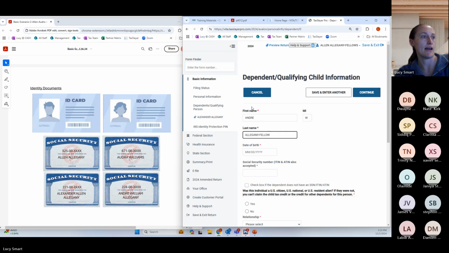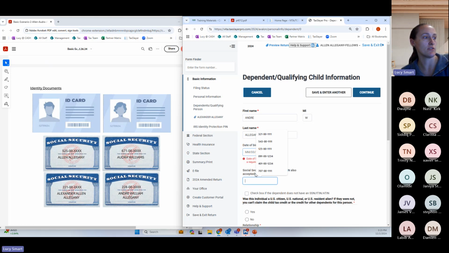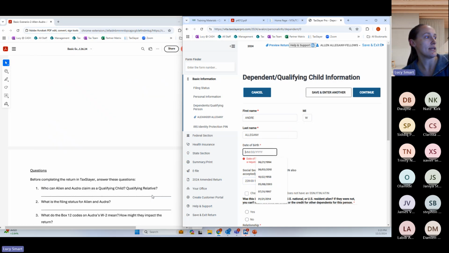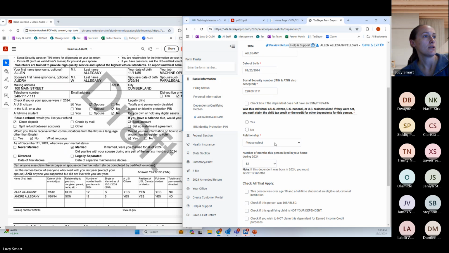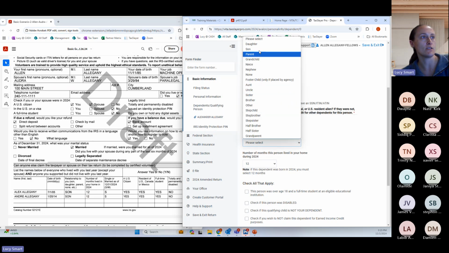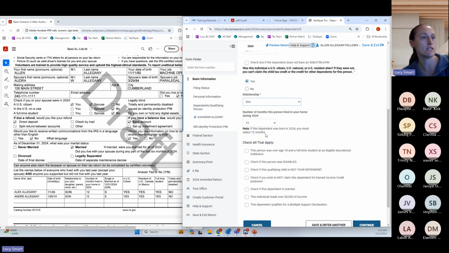We can go ahead and enter Andre W. Allegheny. His birthday, actually, I'm going to do a social security number first. 228-00-111. And his birthday is 1/20/2014. He is a citizen. He's also their son, lived with them 12 months.